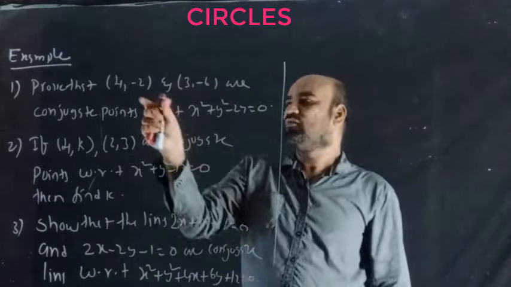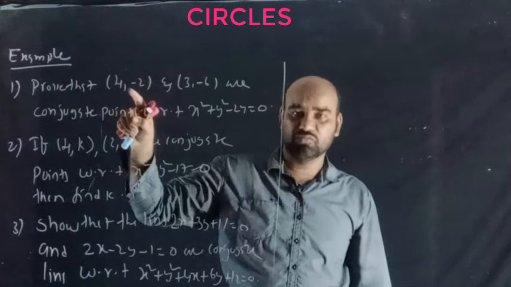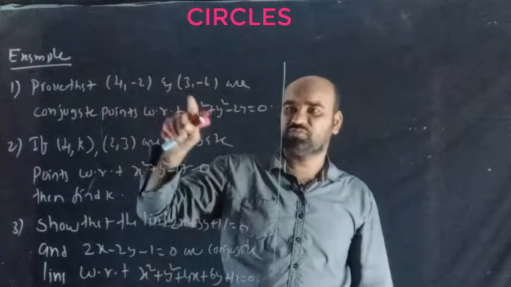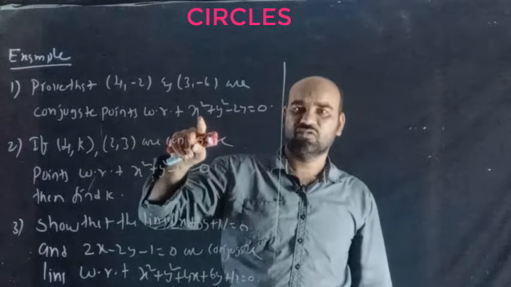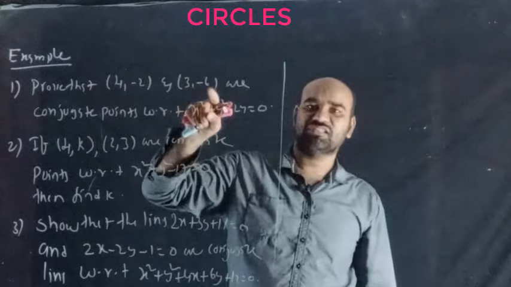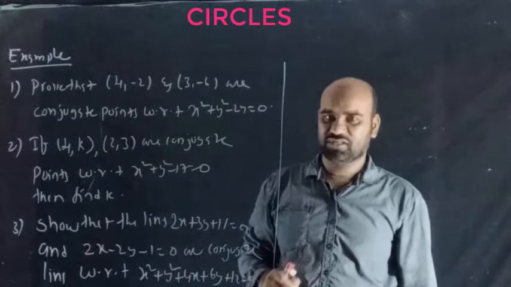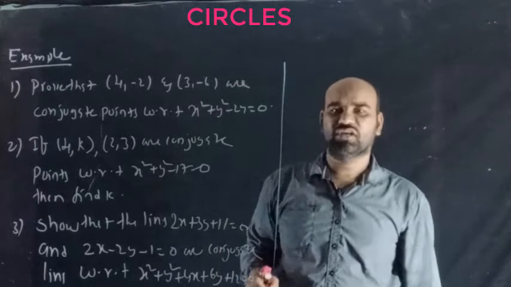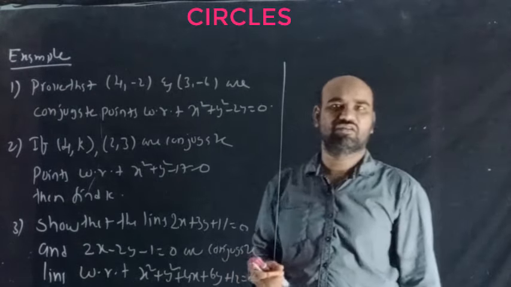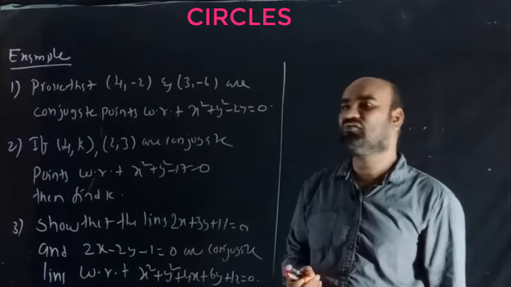Or, find the equation of the polar of (4, -2) with respect to the circle. We will get one straight line. If the straight line passes through (3, -6), then you can say that those two points are conjugate points. That is one method. The second method is we can use the rule S12 equal to 0. So I want to use S12 equal to 0 only.